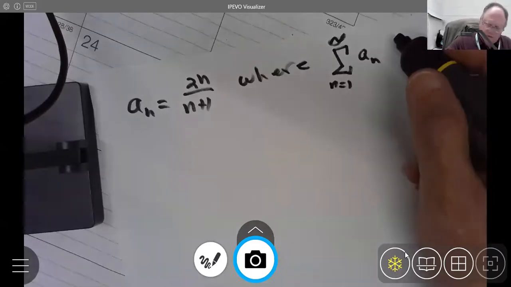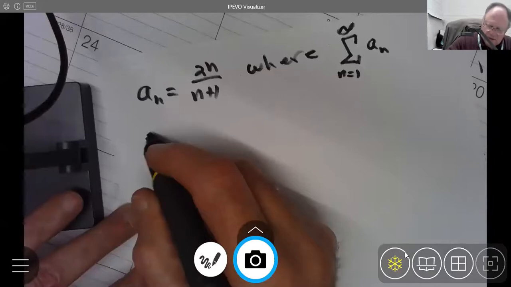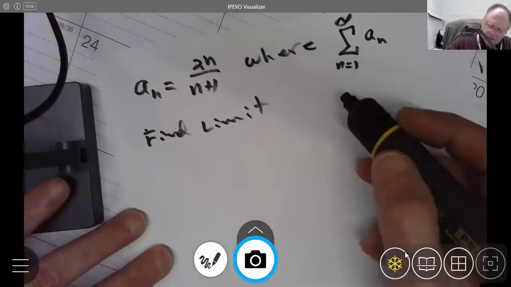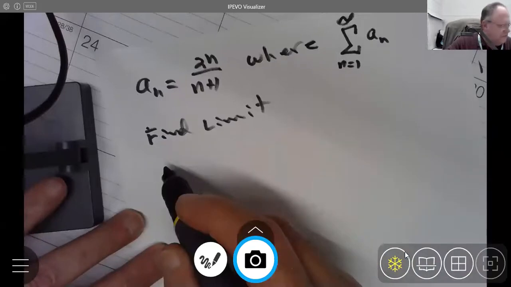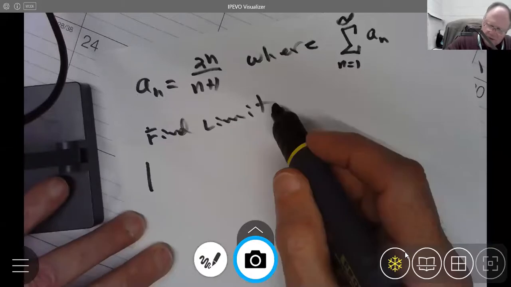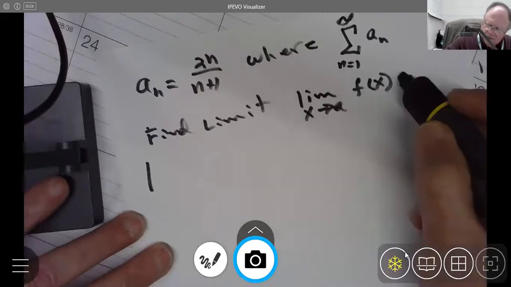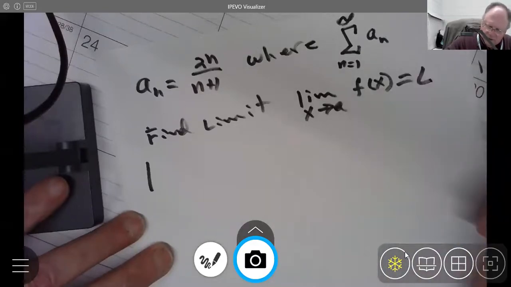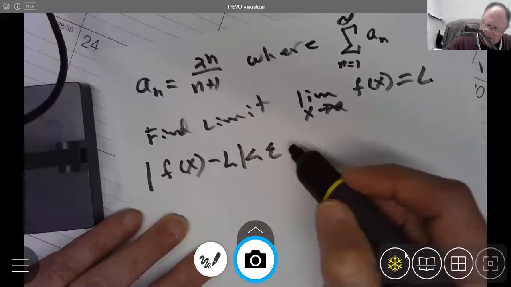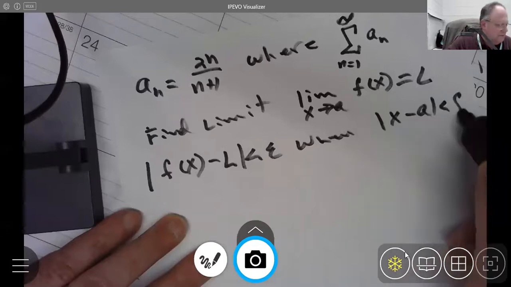So basically what you want to do first is find the limit, because once you find the limit, limit as x approaches a for f of x equals L, then you can put it into your epsilon delta equations: less than epsilon whenever x minus a is less than delta.